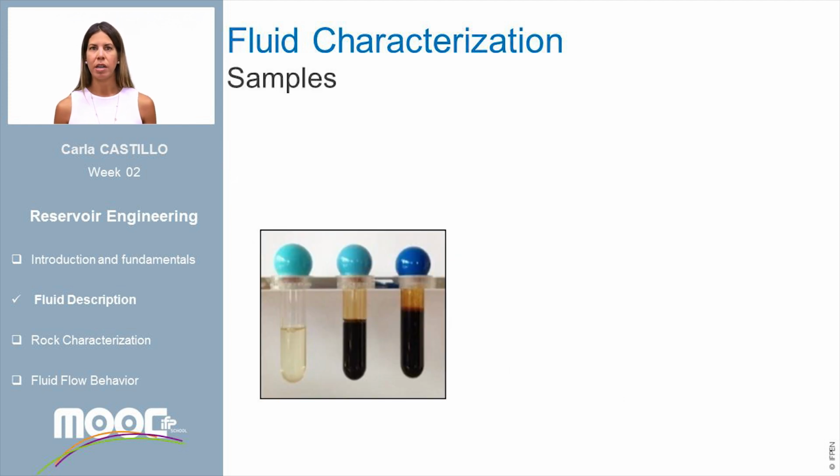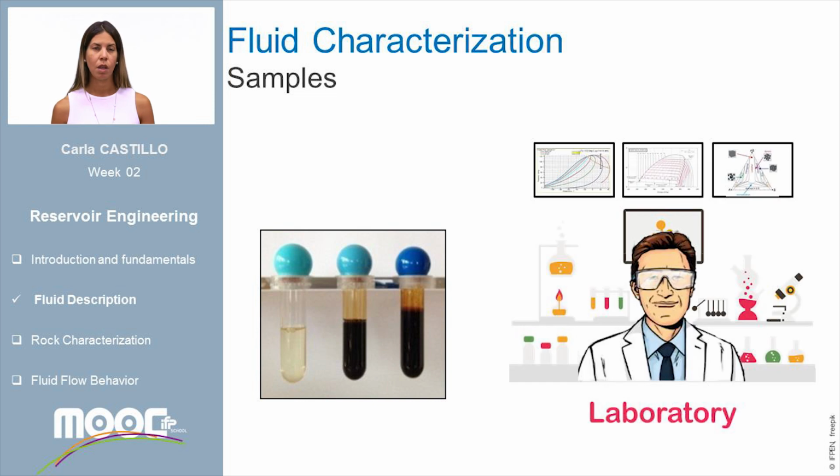In order to characterize the reservoir fluids, quality check samples are taken in the exploration and appraisal wells. Once the fluid samples are validated with quality check indicators, some specific tests are performed in a specialized laboratory to determine the fluid composition, the saturation pressure, and the phase diagram, which I will explain on the next slide.